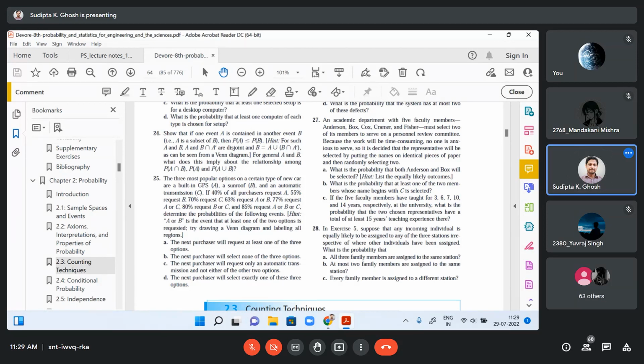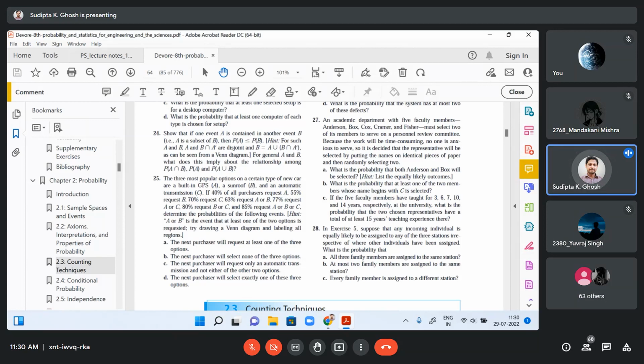Suppose 55% of buyers are claiming for the car which has a sunroof.